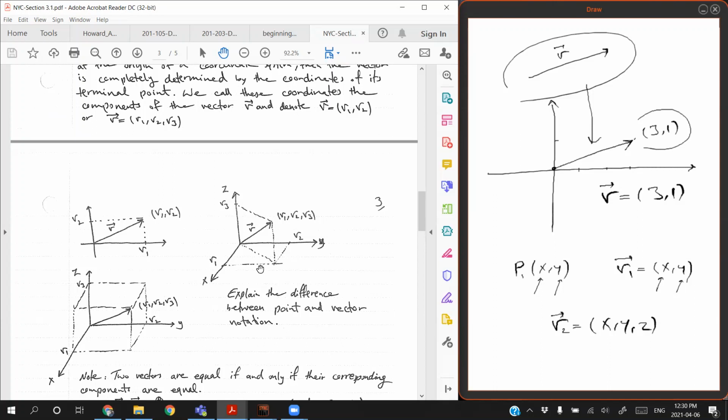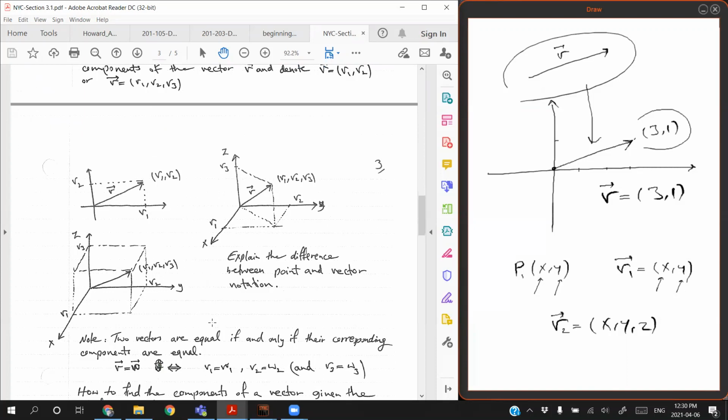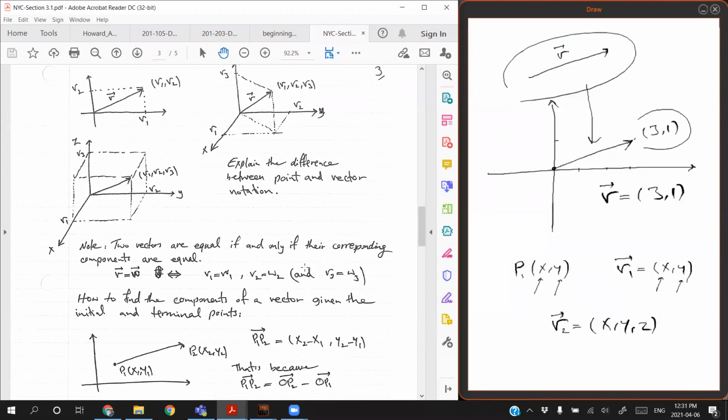This is the vector in three-dimensional space with components v1, v2, and v3. v1 would be the x component, v2 the y component, and v3 the z component. And here's another way of visualizing that: the vector (v1, v2, v3) would be the diagonal of this cuboid. Are we good? Any questions?